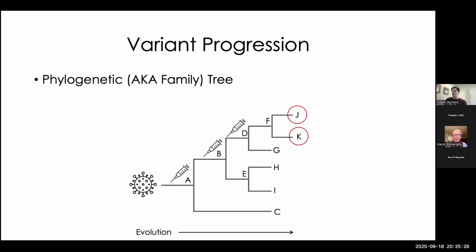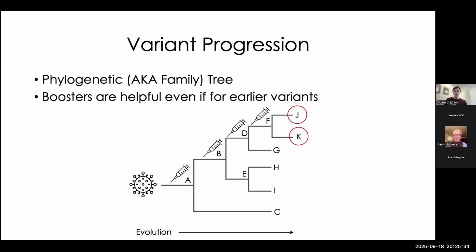That's better. In D and F and so on, the closer you get, the more prepared you are. And so these boosters are helpful even if they are for earlier variants. If you get exposed to J and your last booster was for D, that's still a lot better than your booster for B or A because you are getting closer and closer to the current variants.